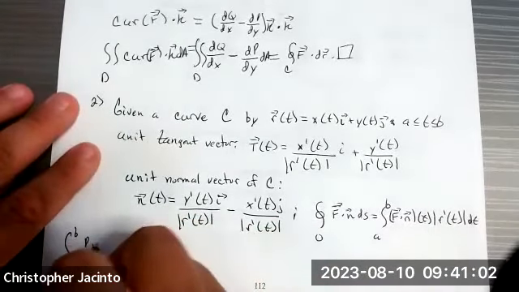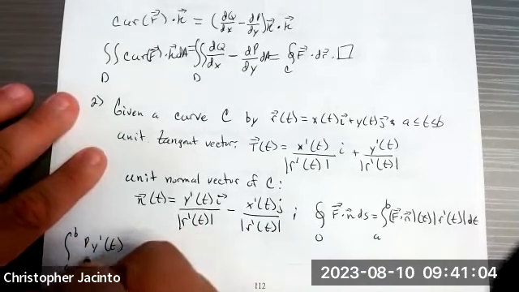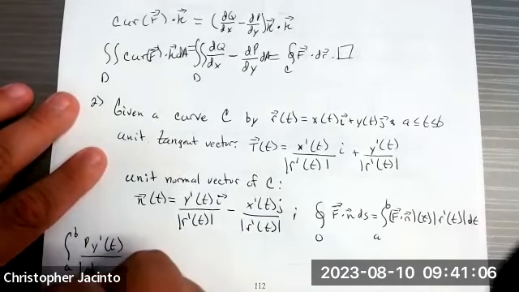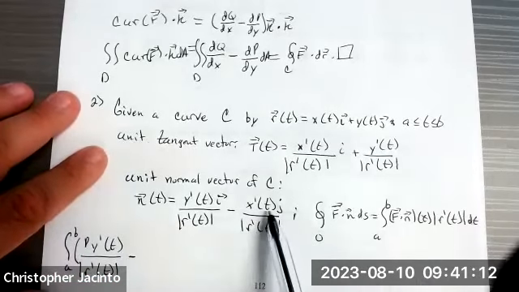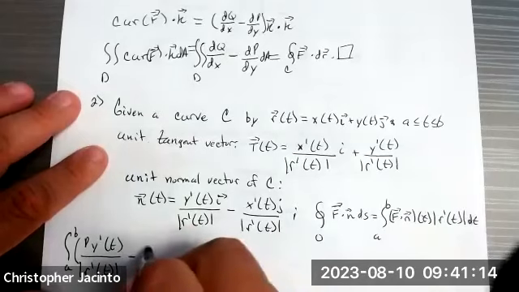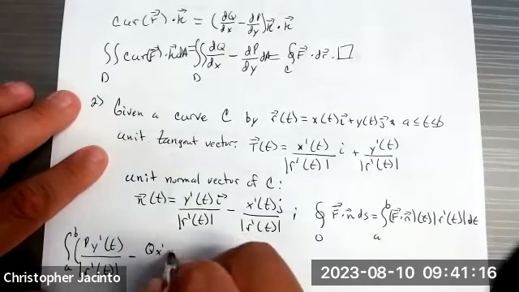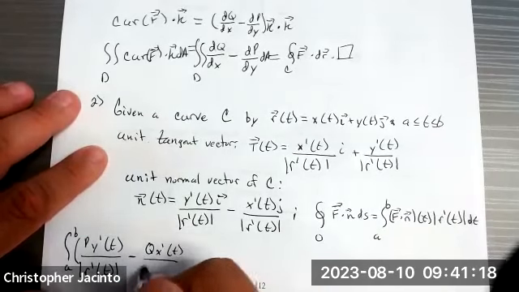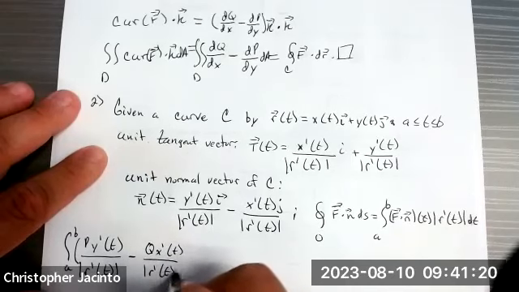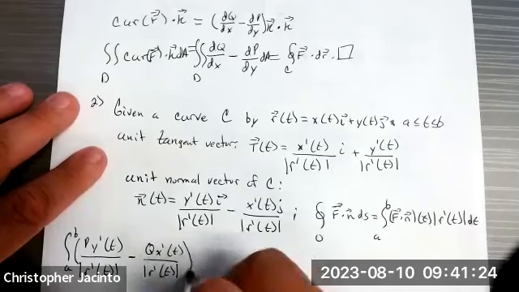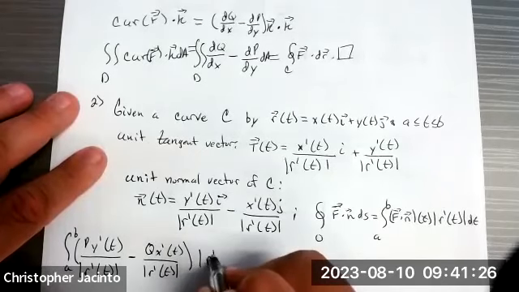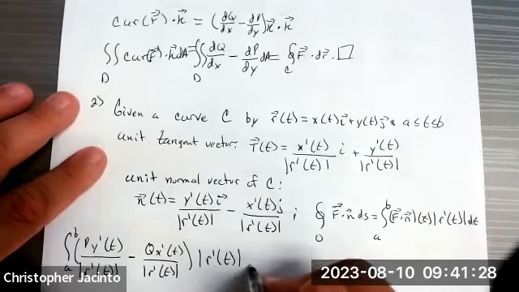So it'd be P y prime of t all over all of this, minus Q times this, with this on the outside, dt.